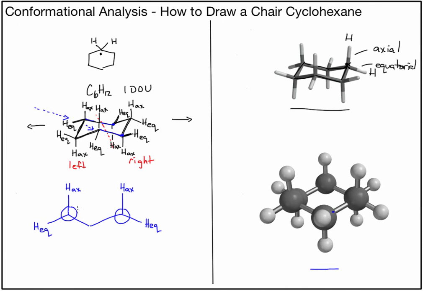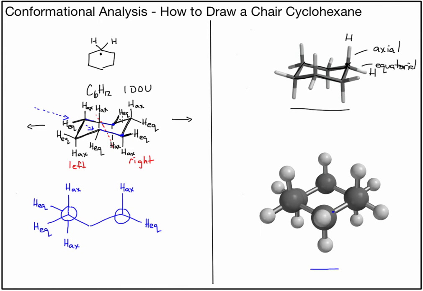So the circle is actually the rear carbon. Now we're going to show the substituents coming off it. So we can see we have hydrogen equatorial, hydrogen axial, and then this carbon-carbon bond. So we're looking down this carbon-carbon bond. The equatorial hydrogen in the back is coming off here. This axial hydrogen is coming down.